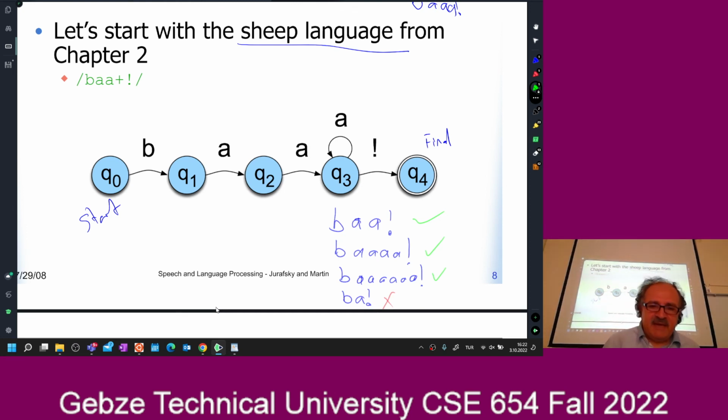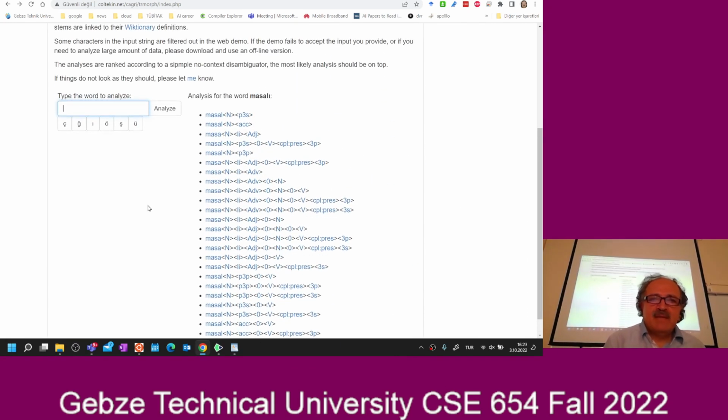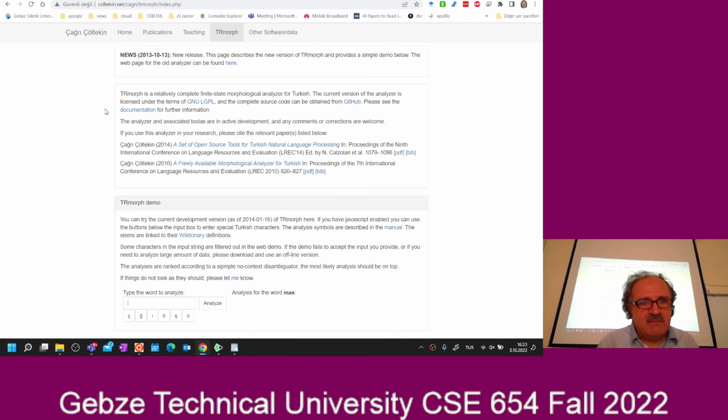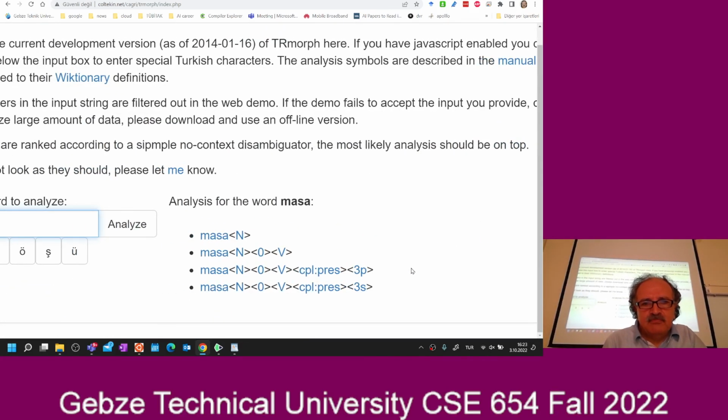Okay. By the way, as I said, this is a very ambiguous Turkish word, but most of the Turkish words are like this. Let me see what masa returns. Masa, right? Noun, okay, masalamak. It says that you can make any noun a verb without doing anything in Turkish.